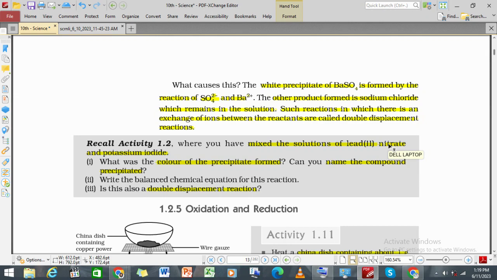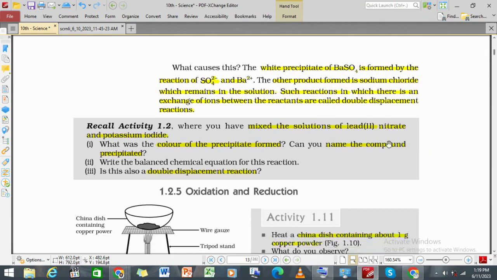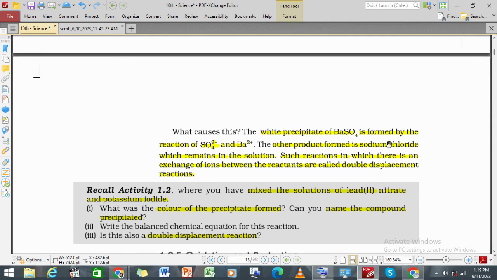In such a reaction there is an exchange of ions between the reactants, and it is known as a double displacement reaction. So the exchange of ions will be taking place. Na plus and Cl minus will be added, so it will make a double displacement reaction.